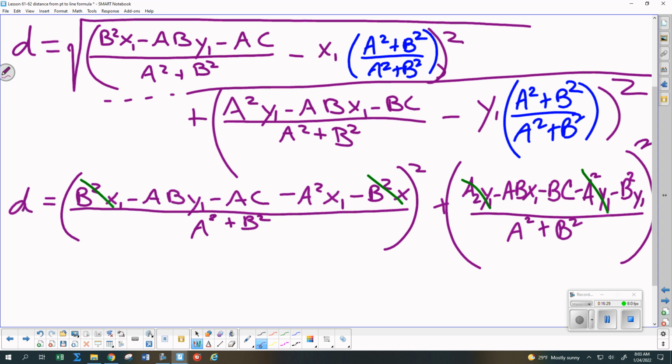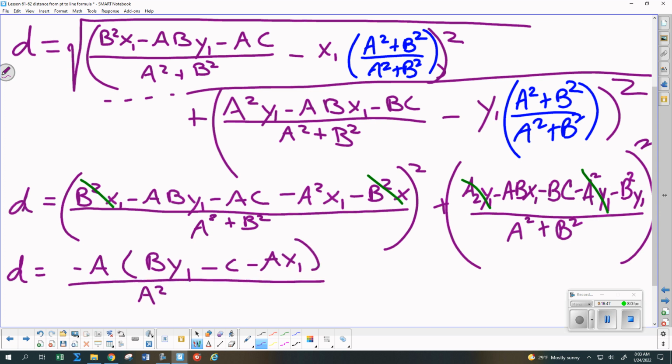I'm actually going to factor that out as a minus a. So then it will be a minus a times by1 minus c minus a x1 over a squared plus b squared. And that's squared.